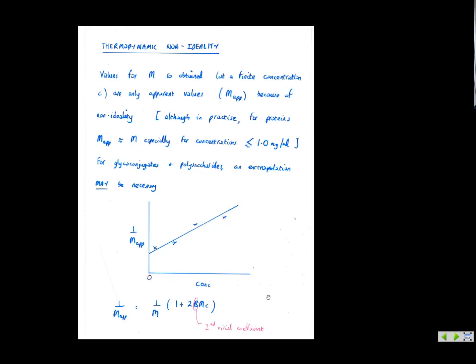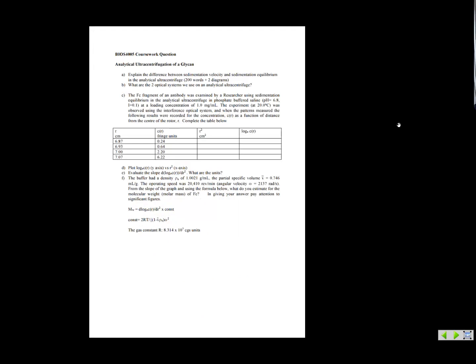For many purposes, if you work at very low concentration, provided you get a sufficient signal, then this concentration goes to zero. This term will go to zero, and the apparent molar mass, molecular weight, equals the real molecular weight, molar mass.